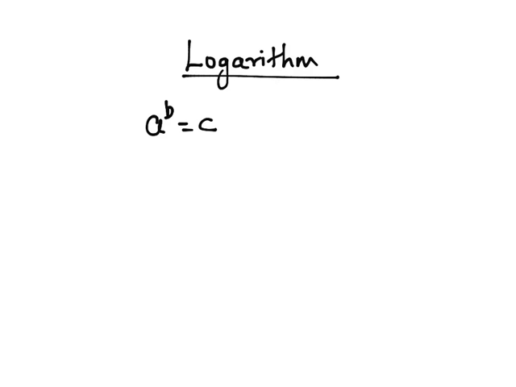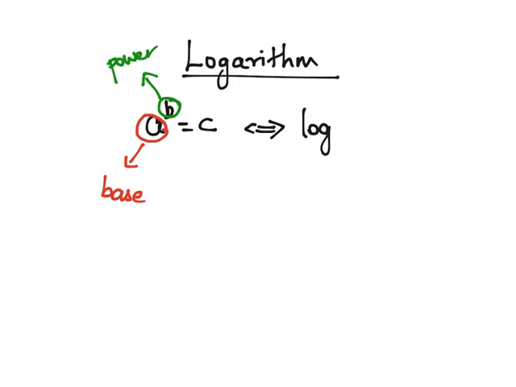So let us take now this a is the base, this expression, and this b that you see here is the power or the exponent, and this c is the value. Now when I convert this into logarithmic form, logarithm will also have a base and it will have the same base as this.